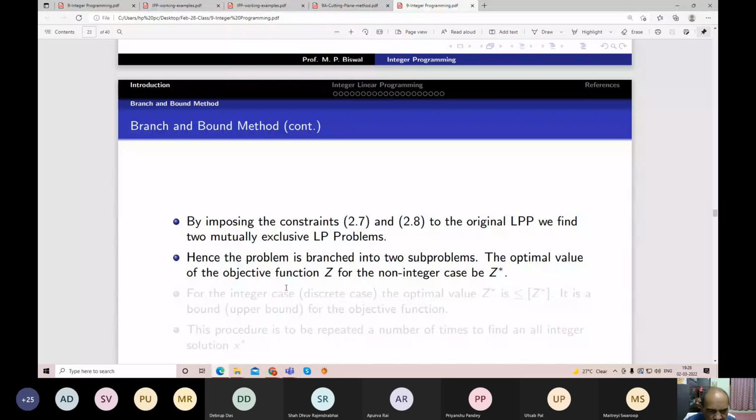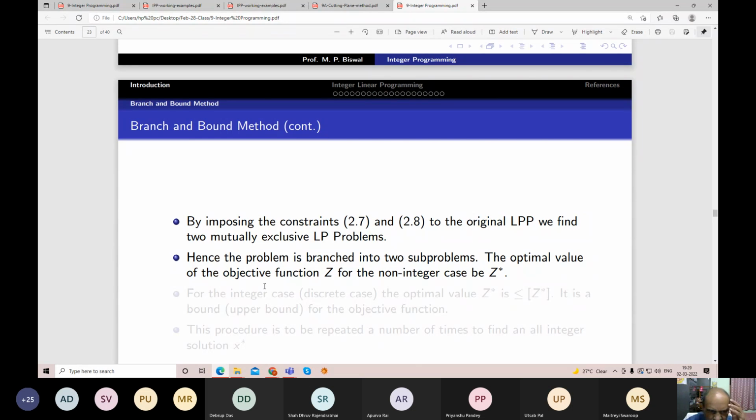Hence, the problem is branched into two subproblems. Now we are considering a problem, either maximization type or minimization type. With respect to this branching, for a particular problem, the optimal value of the objective function we name z star.